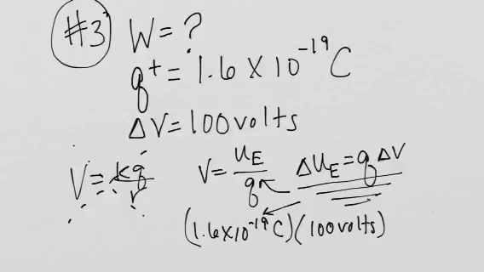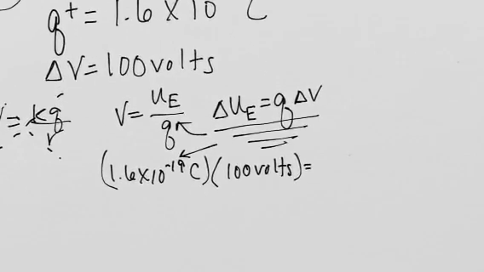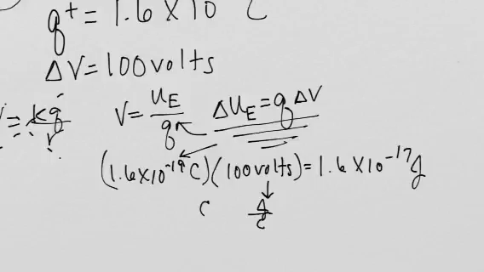That means I just move my decimal point over, and I should end up with 1.6 times 10 to the negative 17 joules. And the reason why is because a volt is equal to a joule per coulomb. So I'm taking a coulomb, multiplying it by a joule per coulomb, and I end up with a joule.